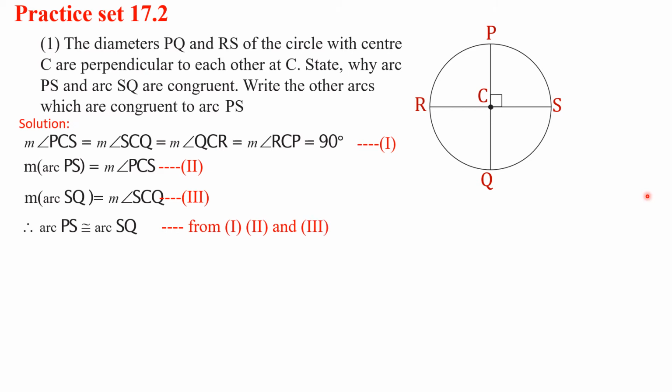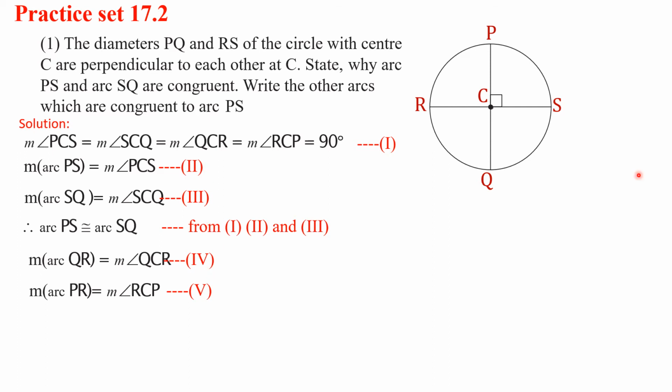Now write down arc QR is equal to angle QCR. This is statement number 4. Next one, arc PR is equal to angle RCP. This is statement number 5. Now observe statements 1, 2, 3, 4, 5.